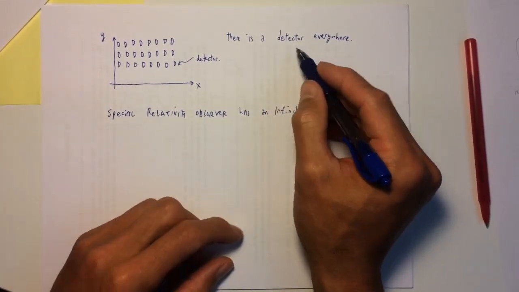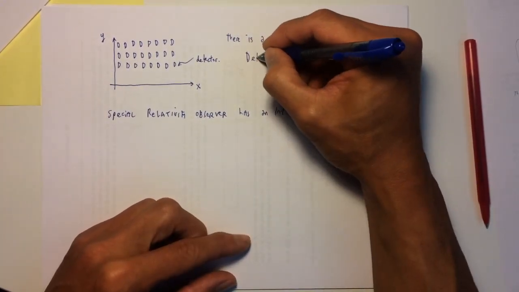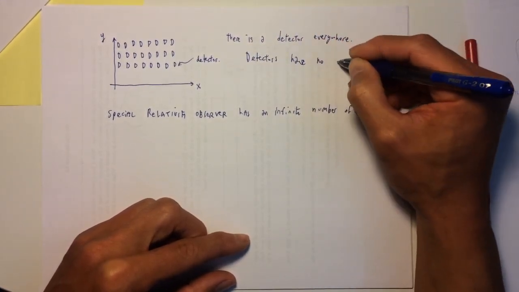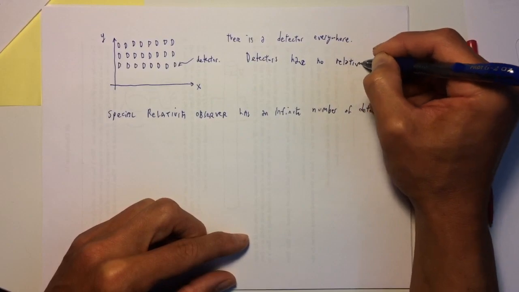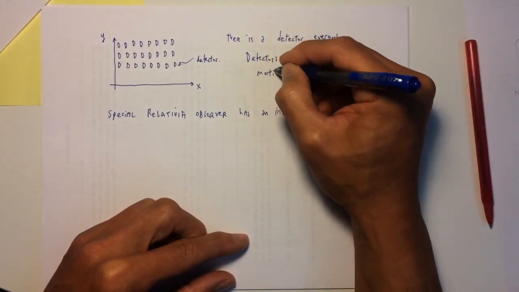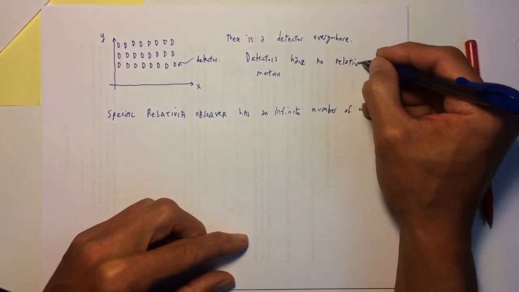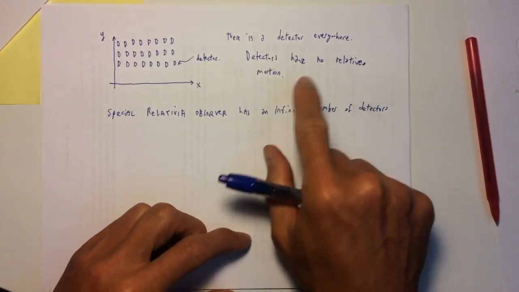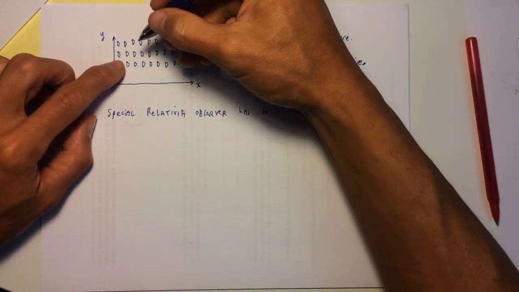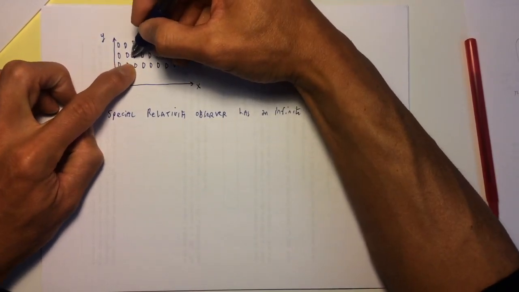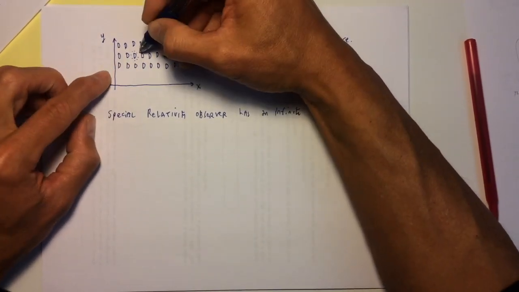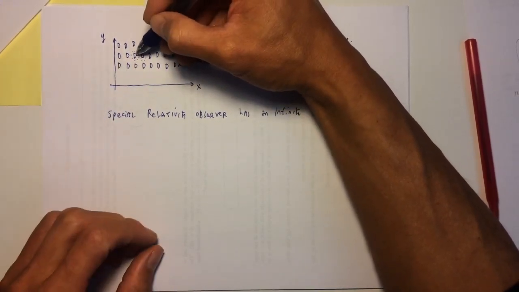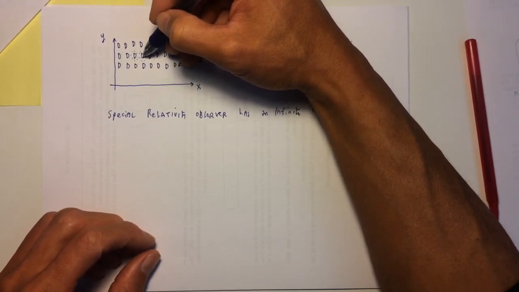And these detectors have no relative motion. They have no relative motion. So this detector right here and this detector right here, for example, they are always going to be standing next to each other.